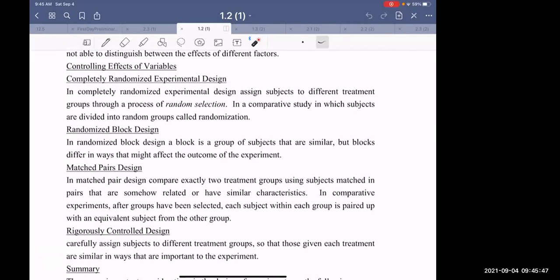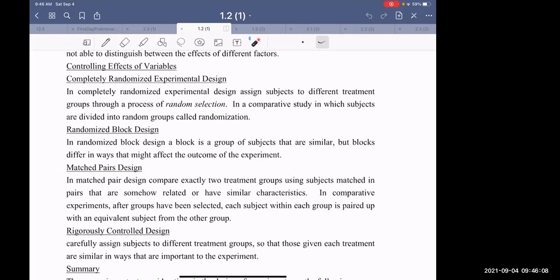One way is doing a randomized block design, where you block your subjects into groups that are very similar.